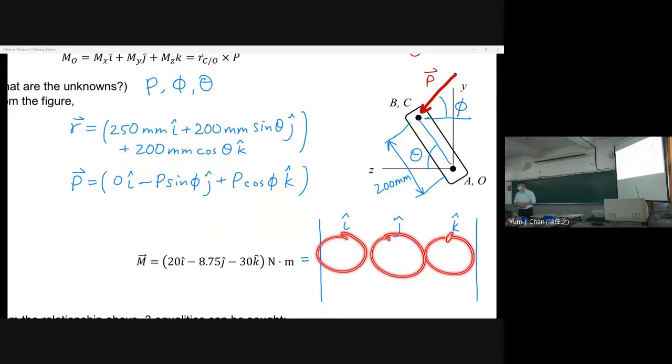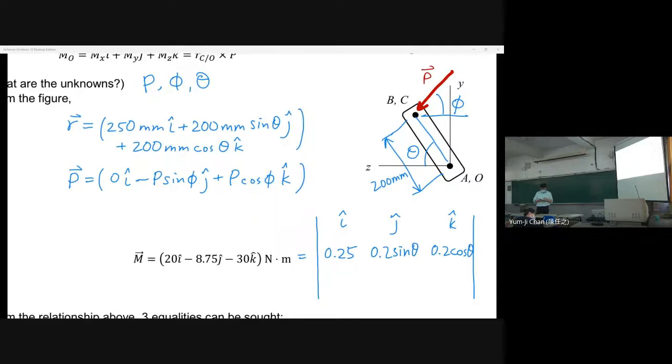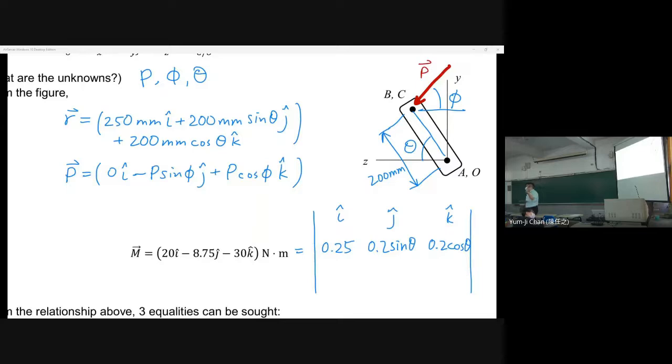We only have r or F. R, very good. Let me write it in meters: 0.25, 0.2 sine theta, and 0.2 cosine theta. And for the last row, if the second row is r, the third row will be F: 0, minus P sine phi, P cosine phi.